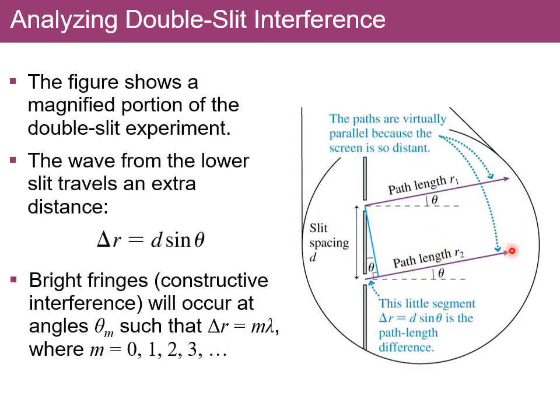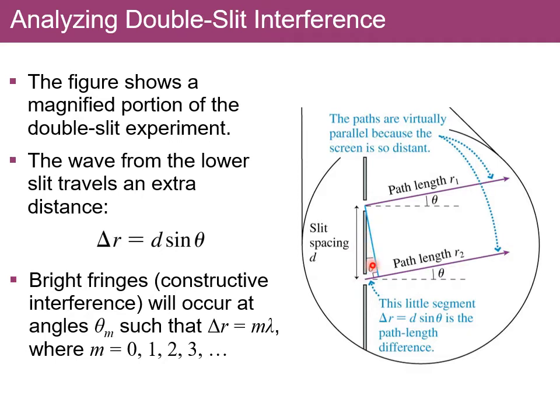Since the distance to the viewing screen is so great, we can drop a line perpendicular to ray 1 as it passes through the slit and allow it to intersect ray 2. The angle subtended between this line and the double slit screen is theta.